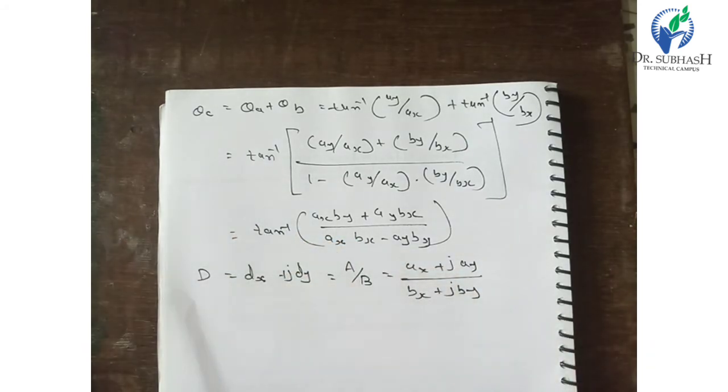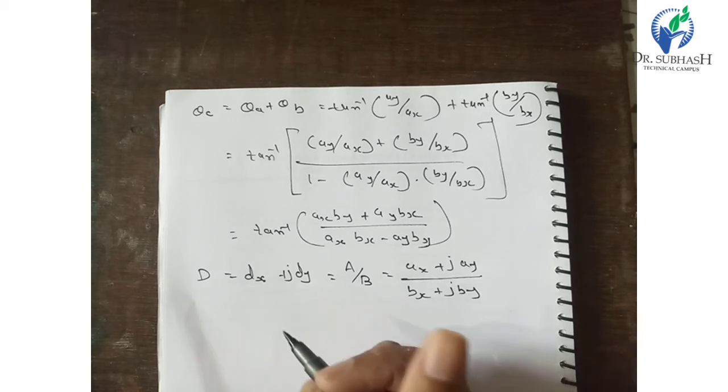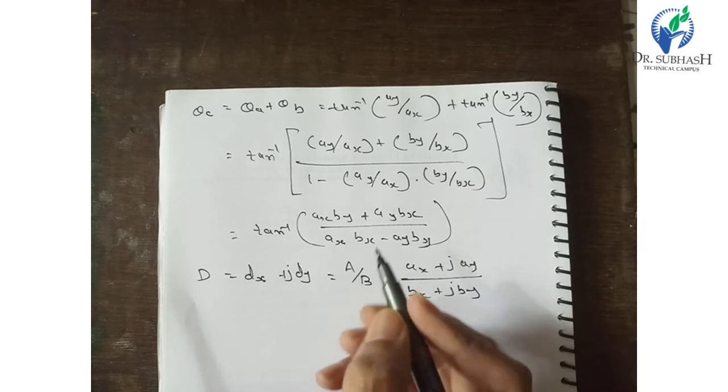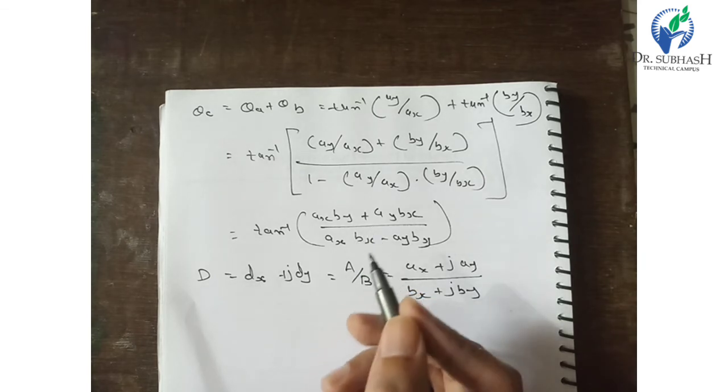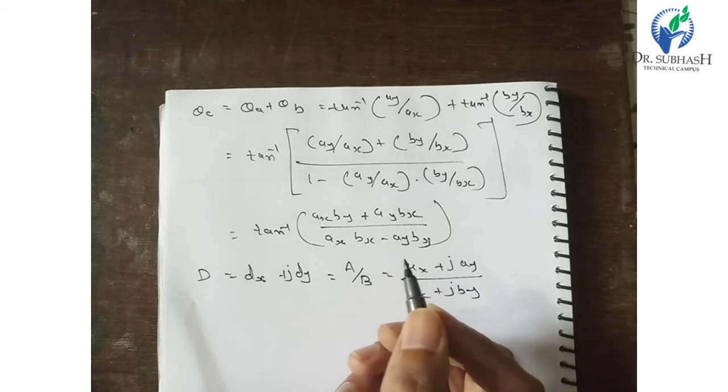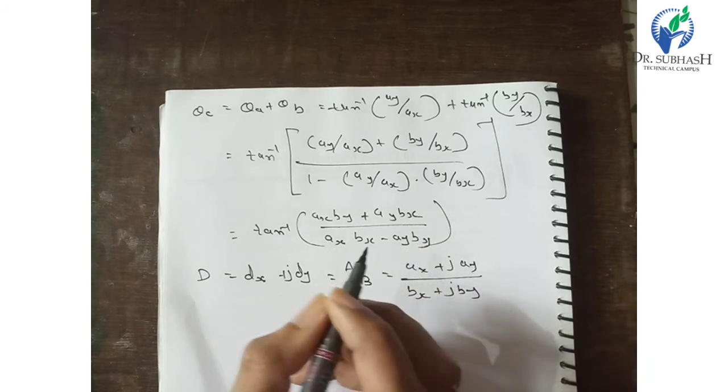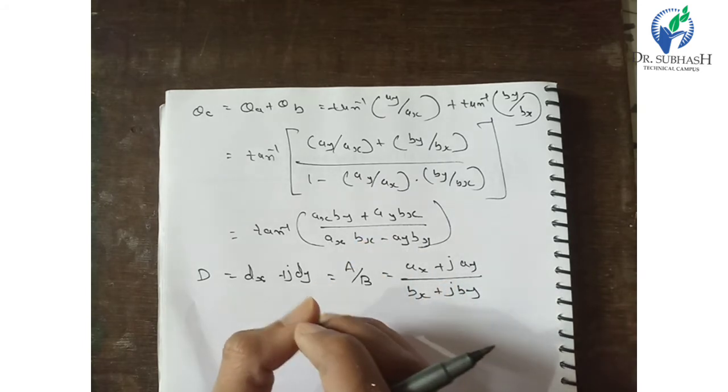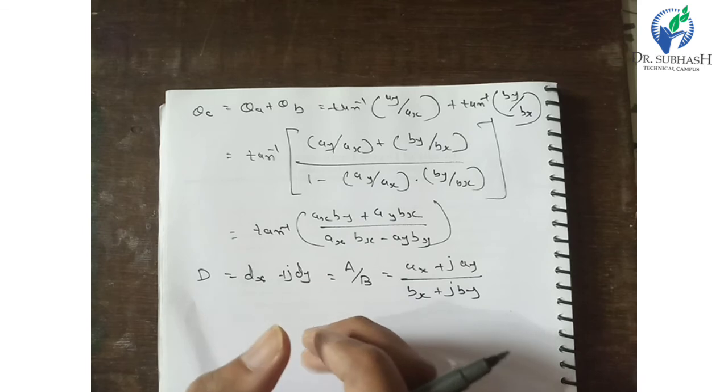To simplify D and obtain the real and imaginary parts, both numerator and denominator are to be multiplied by the complex conjugate of B. So in the above conversion, the denominator is a real value only.